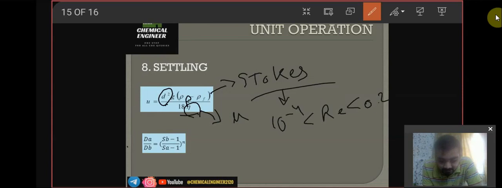Suppose two particles are given and their densities are also given, and it is said that they are settling down.